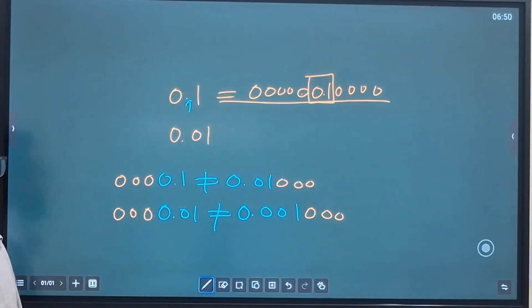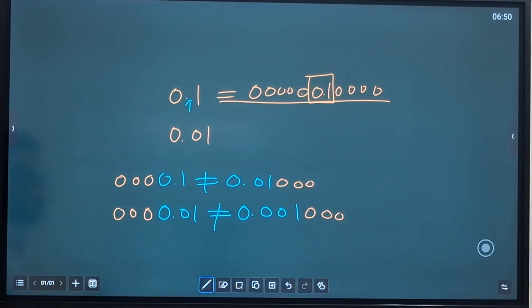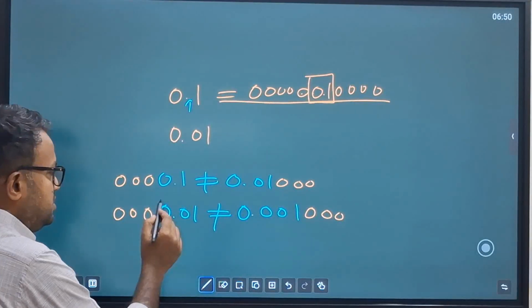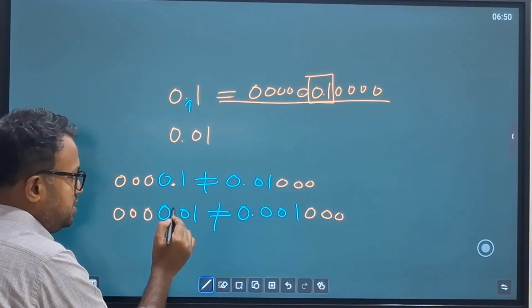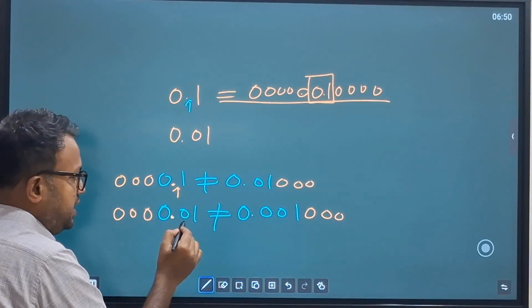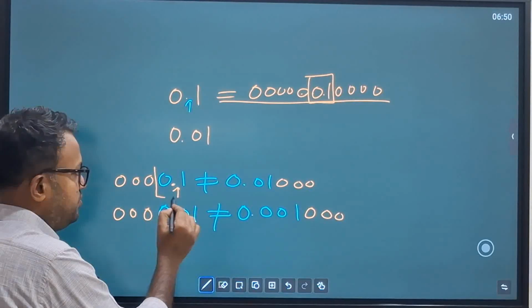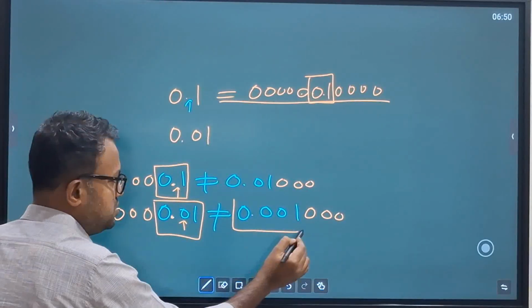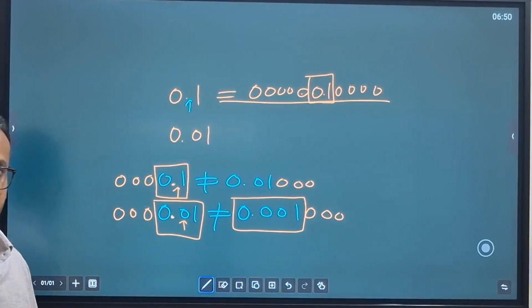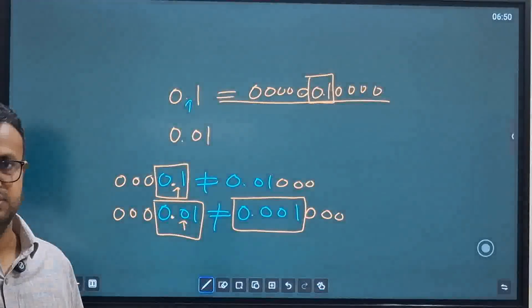These are the extra zeros for your understanding or to solve some problems. But when you have a point here, you cannot simply add zeros right after it. 0.1, 0.01, 0.001 are three different decimal numbers.